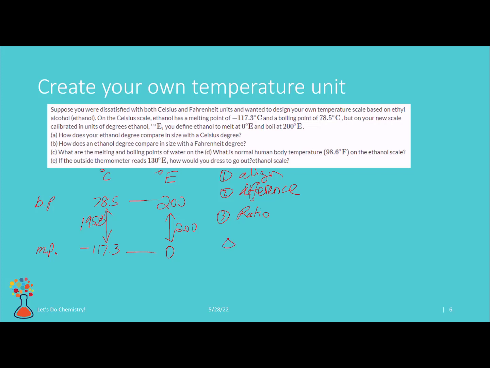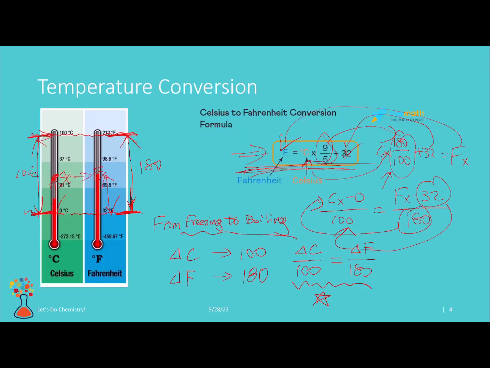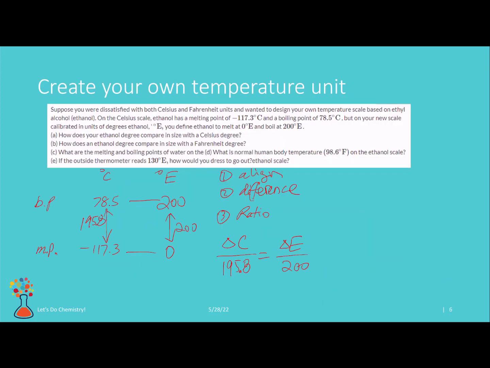The change of Celsius degree over 195.8 equal the change of E degree over 200. Okay, so this is very similar to what we described here, right? So very similar.